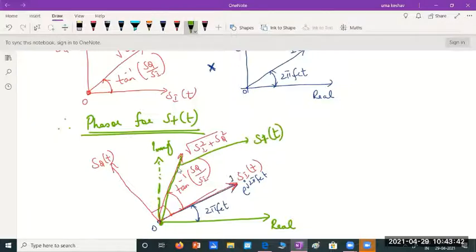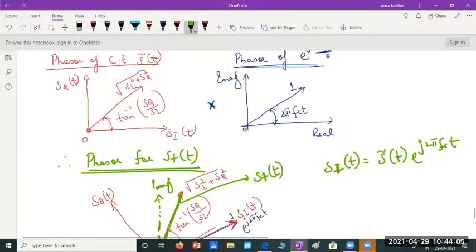Why is it this phasor which represents the pre-envelope? What is S plus of t? The pre-envelope S plus of t is complex envelope into e power j2 pi fct. So we have drawn the phasor of complex envelope separately. We have drawn the phasor of e power j2 pi fct separately.